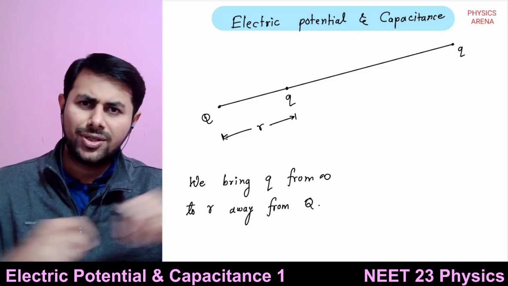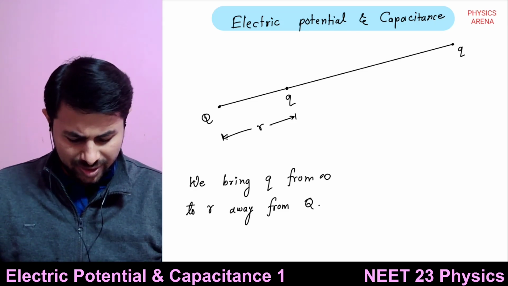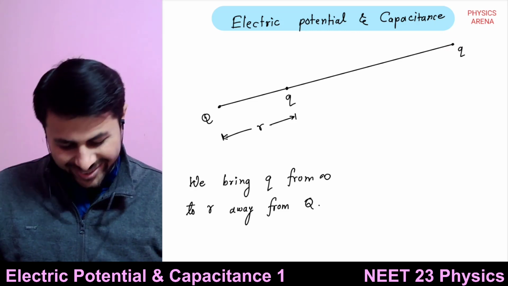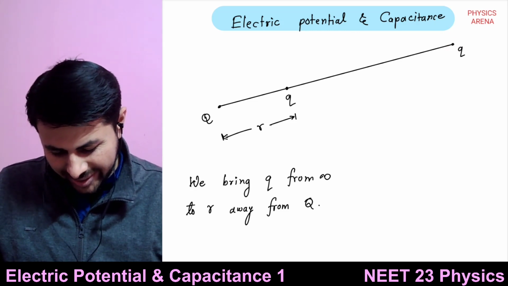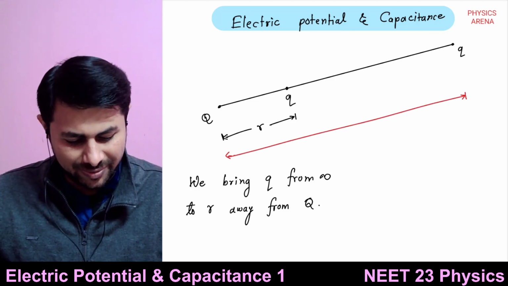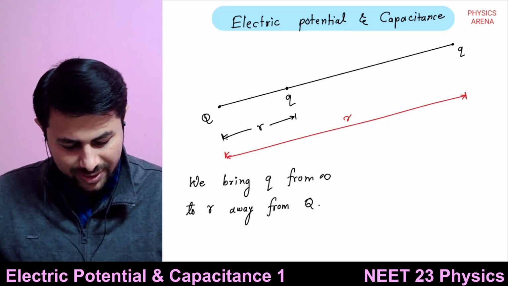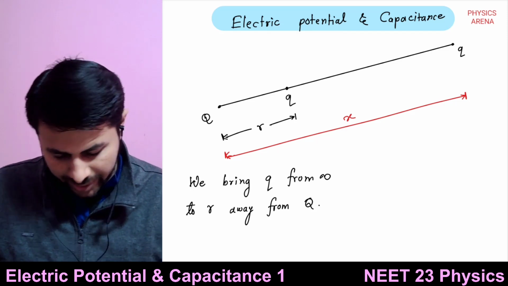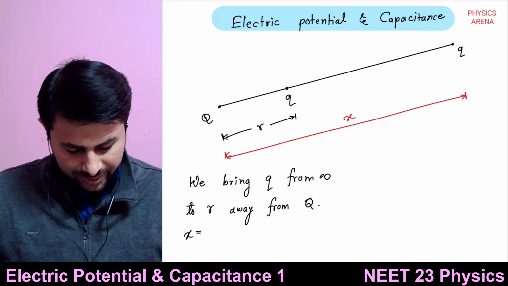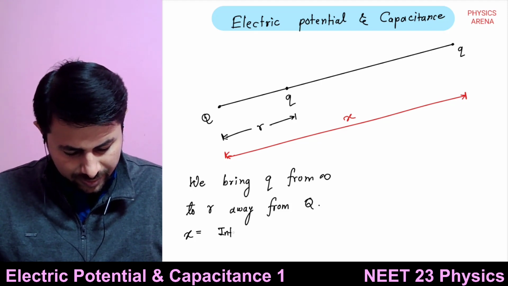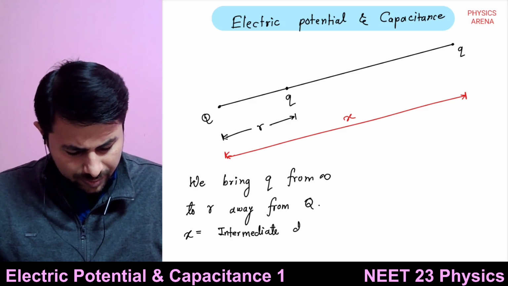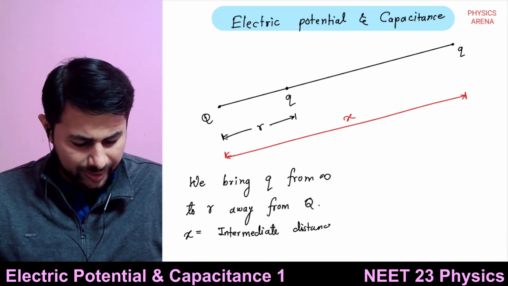It was at a very large distance. Suppose we have brought it till this point. This is a finite distance, so we have brought it till this much distance. This is some intermediate point. Let's call this distance x. So x is some intermediate distance along the way.